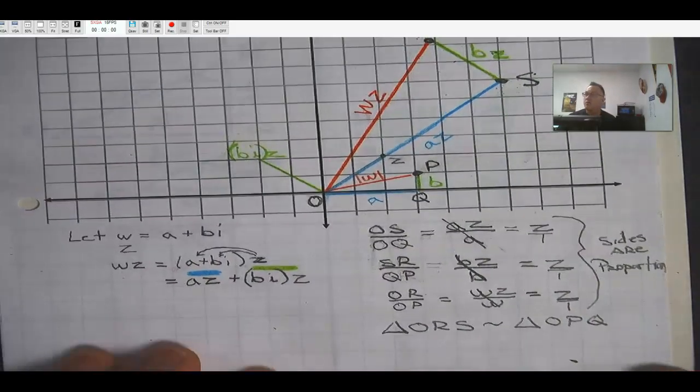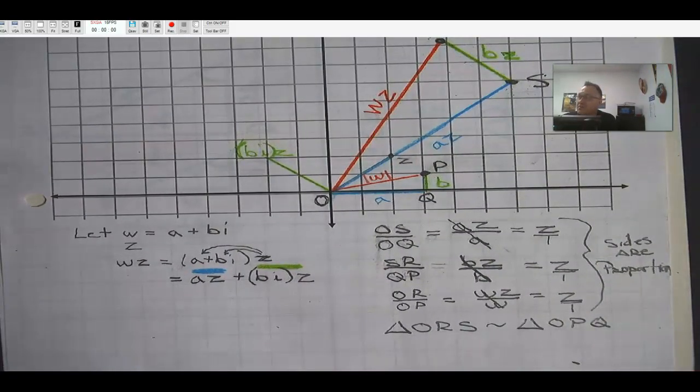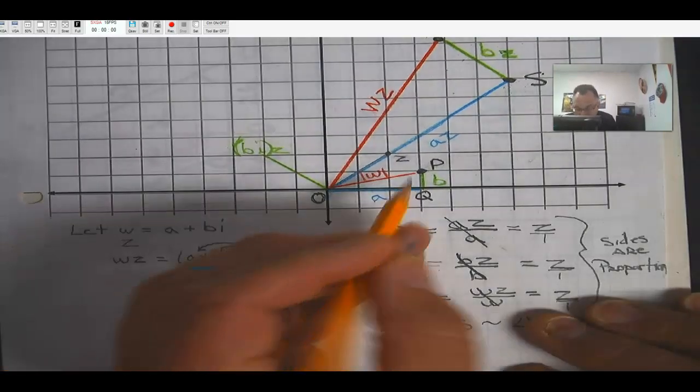Okay. What angle up there would be the argument of W? What's the angle that's the rotation of W? Yep.